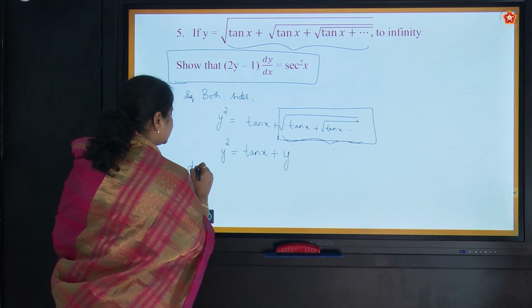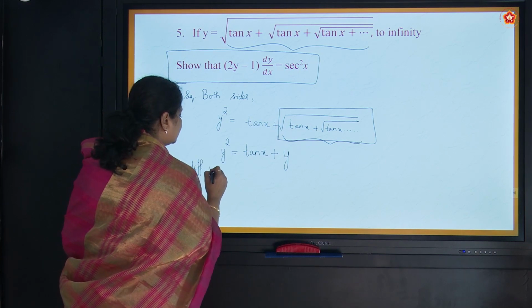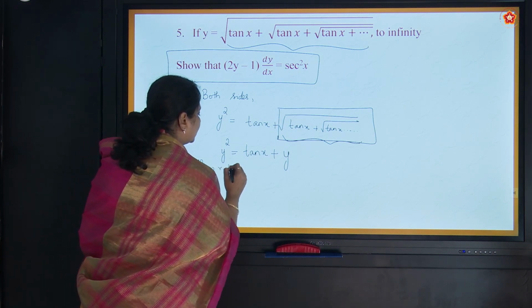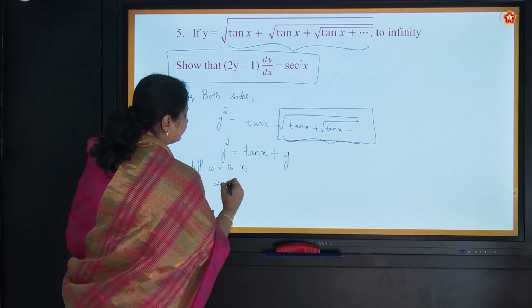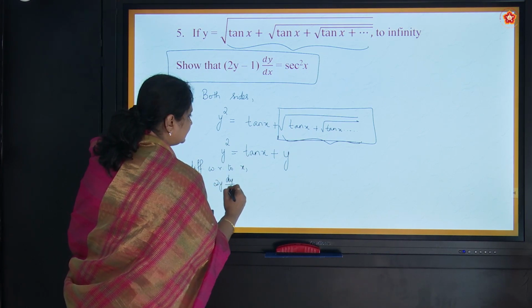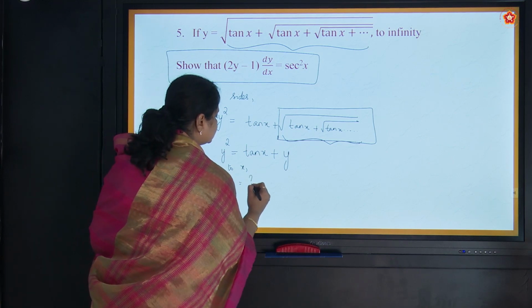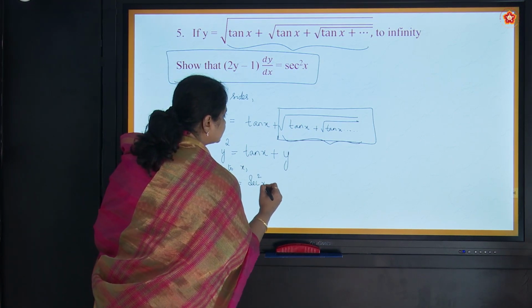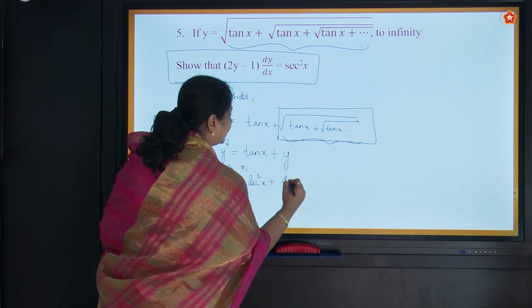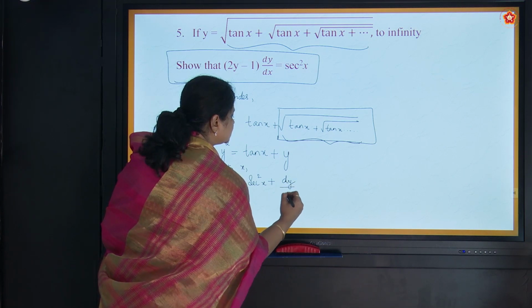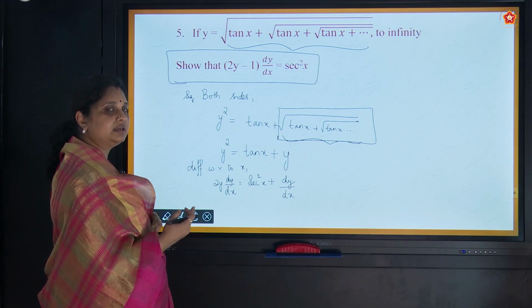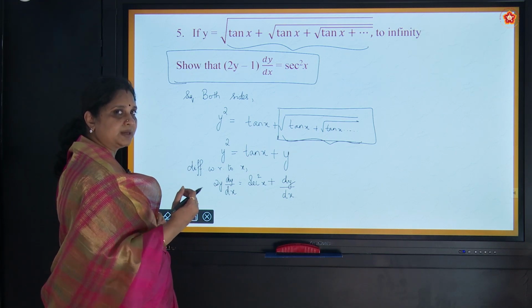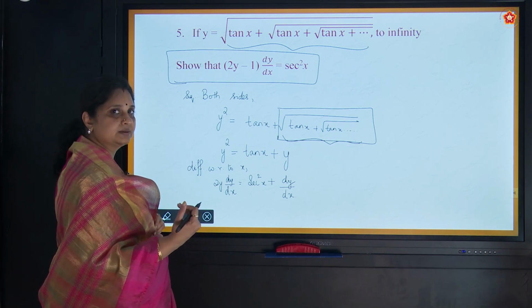So differentiating with respect to x, what do we get? We have 2y dy by dx is equal to secant square x plus dy by dx, since y on differentiation with respect to x gives you dy by dx.